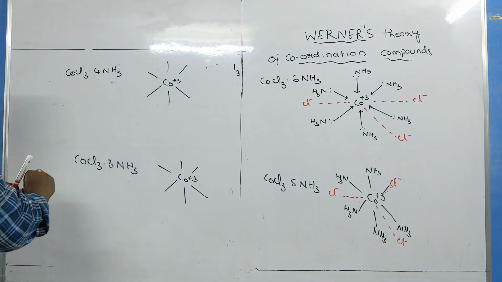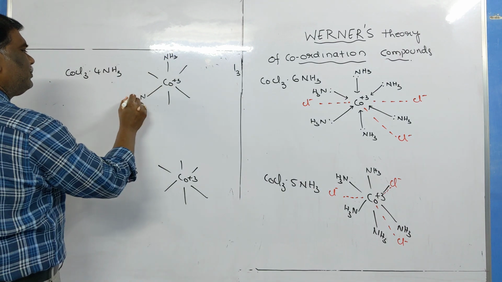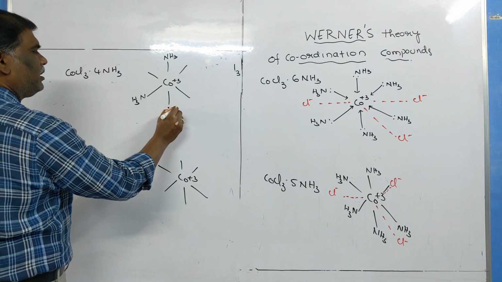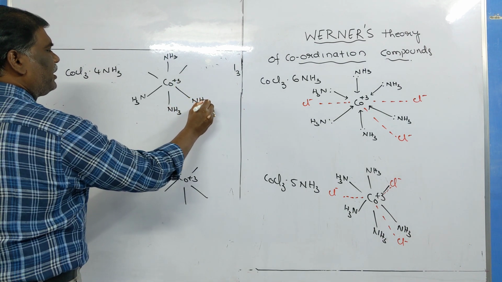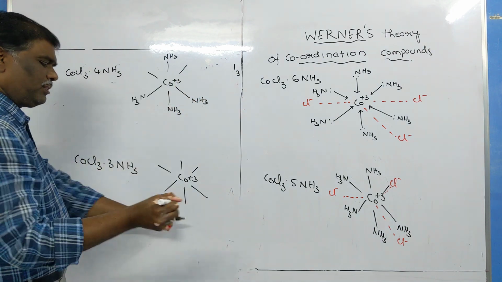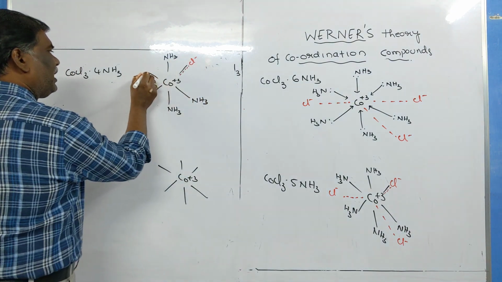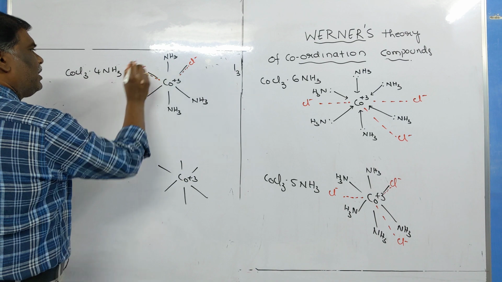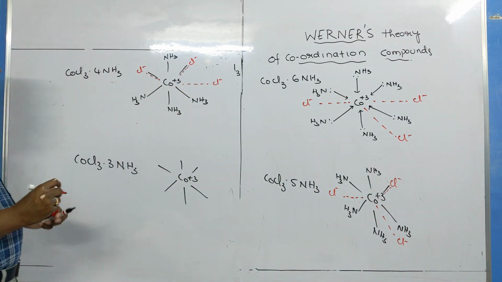Now in this case, there are 4 NH3. Whereas there are 2 chlorides satisfying both primary valency and secondary valency. And here is the free chloride. This is an ionic bond.